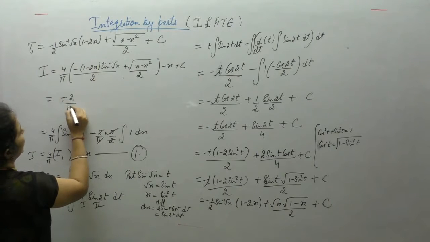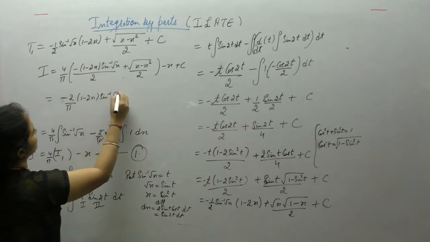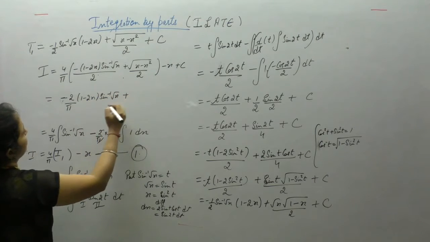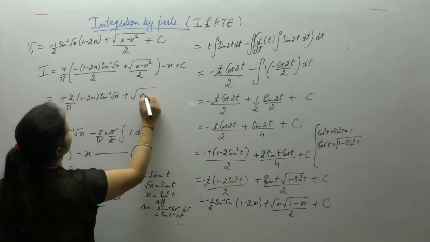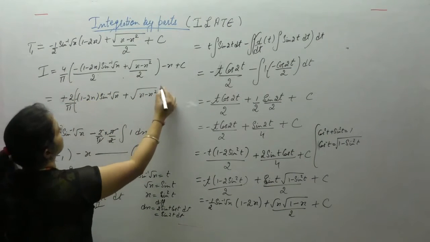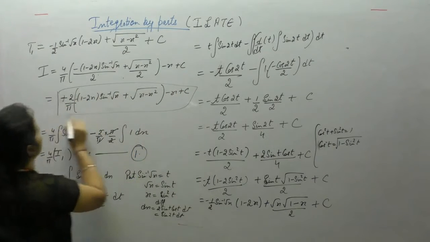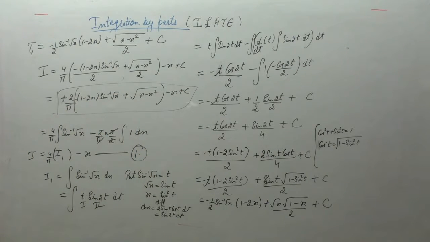Minus 2 by pi, 1 minus 2x sine inverse square root of x plus square root of x minus x square, minus x plus c. 2 upon pi, square root of x minus x square minus 1 minus 2x into sine inverse square root of x, minus x plus c.